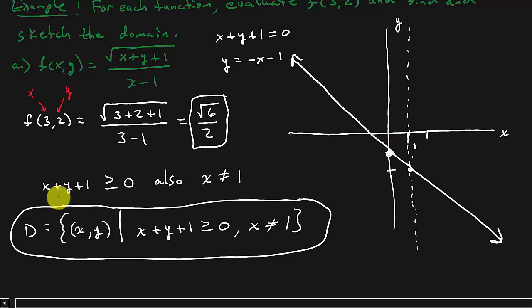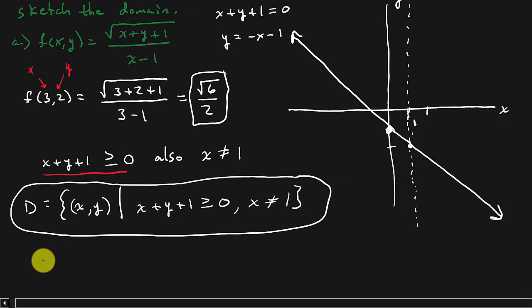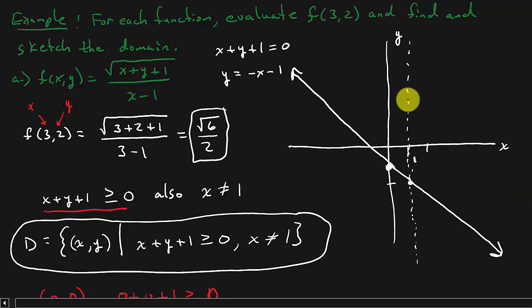So I'm going to use a test point of 0, 0. I'm going to plug 0 in for x, 0 in for y. And so I get 1 is greater than or equal to 0. And that is a true statement.